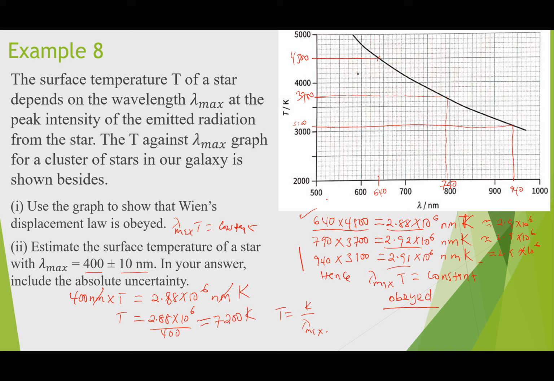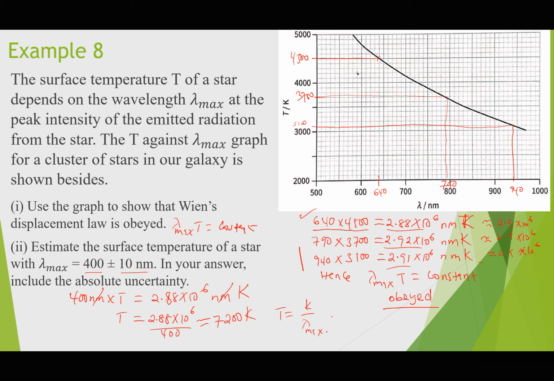We are dividing k, which is wavelength multiplied by temperature. If I take k to be a constant, then I just consider the absolute uncertainty in lambda max.